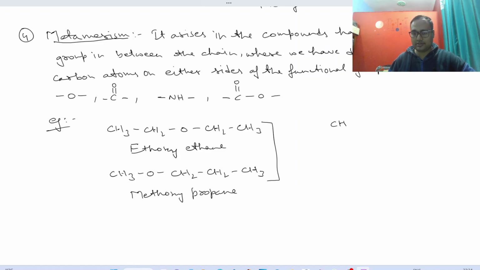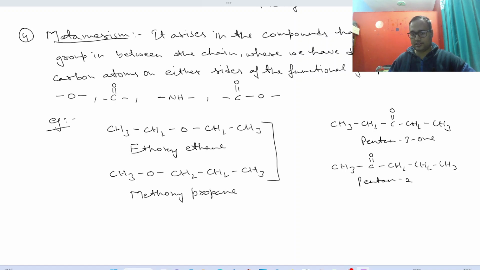Another example we can take here is CH3CH2 C double bond O, and then CH2CH3. This is pentan-3-one. The isomer to this molecule can be drawn like this, which we can write as pentan-2-one. So again, these two are metamers.